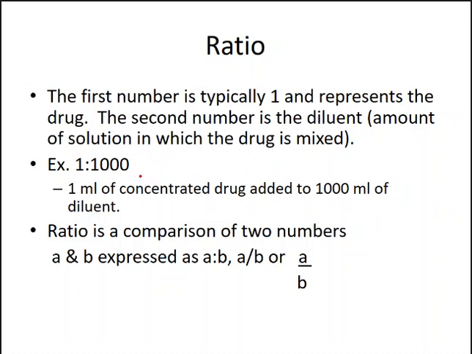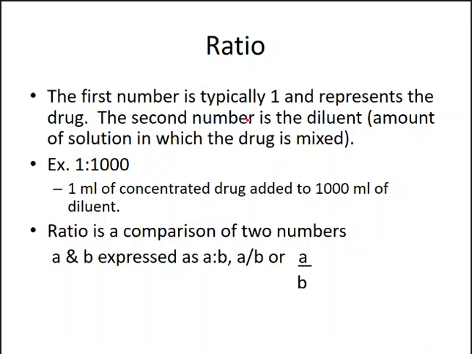And so we're usually going to be looking at this as 1 milliliter of the drug, and then how much it's diluted. We're not going to be looking at weird ratios here. It's always going to be the 1 to whatever the second number is.